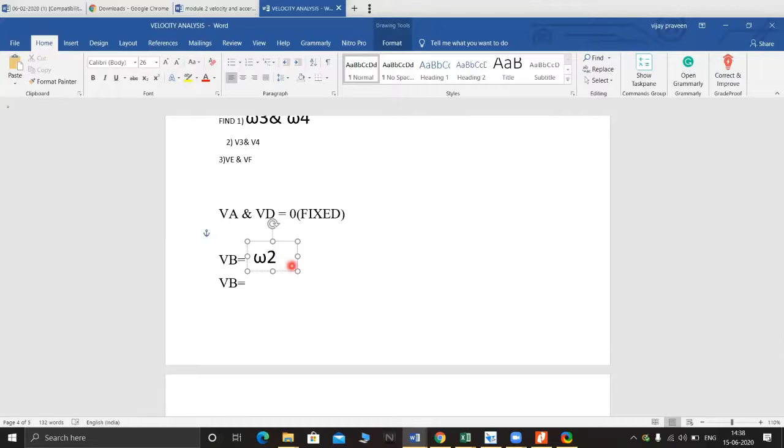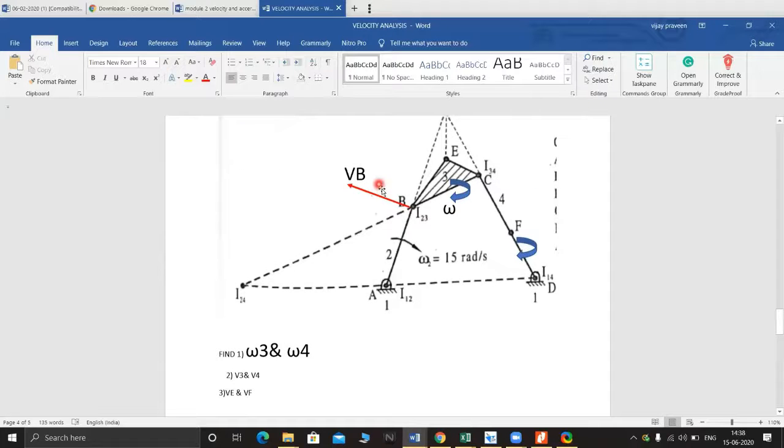So VB is omega 2 into AB. Or VB also we can calculate another way.